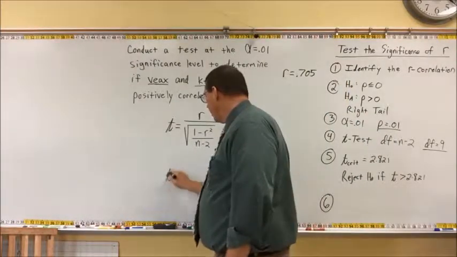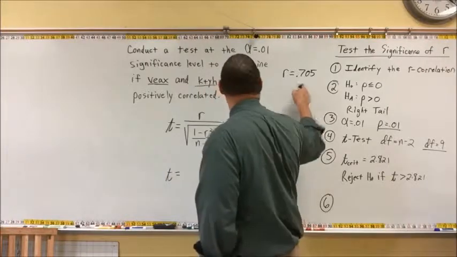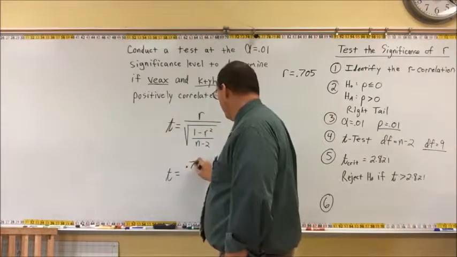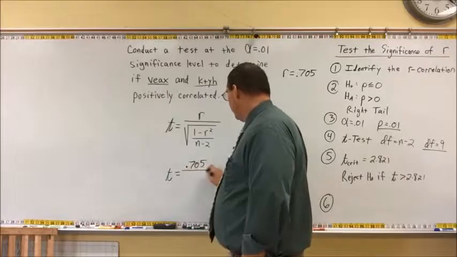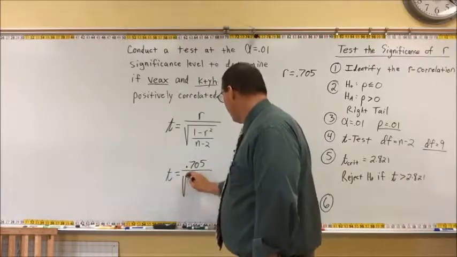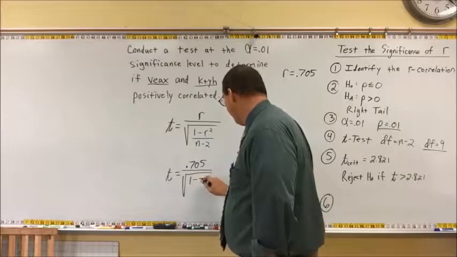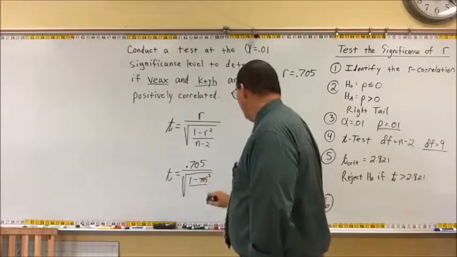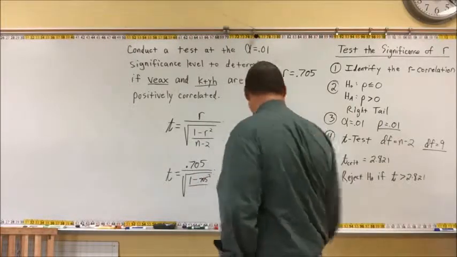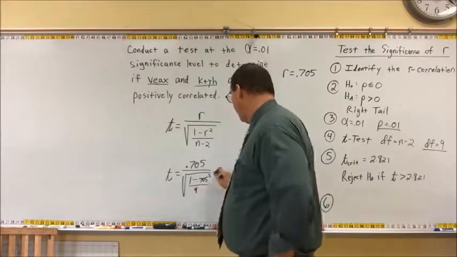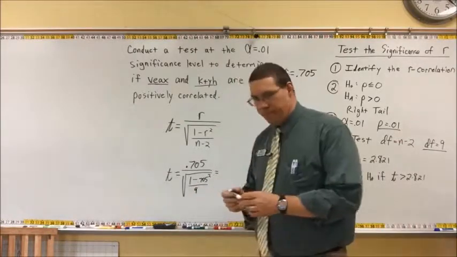Here, our r is 0.705 divided by the big square root of 1 minus 0.705 squared over n minus 2, in this case degrees of freedom, which is 9. So let's get a calculator.